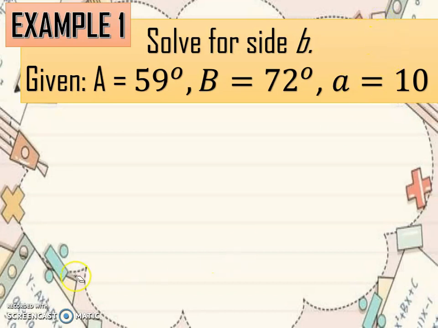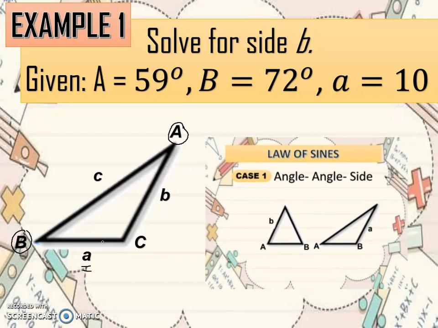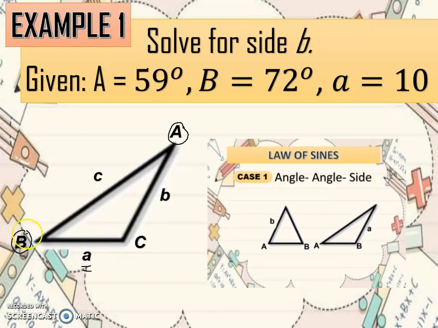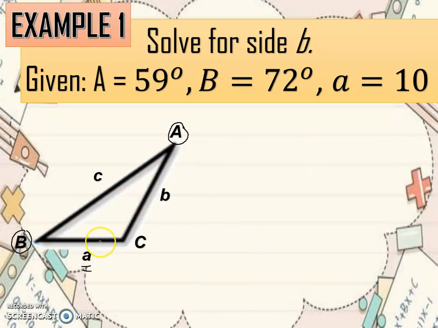So we're going to illustrate this problem as a triangle so that we could know, class, which case this problem belongs to. Yes, you are right. This problem is a case 1 problem, since the given is 2 angles and one side opposite to one of them. So we will use the law of sines. So we will use this formula, class.